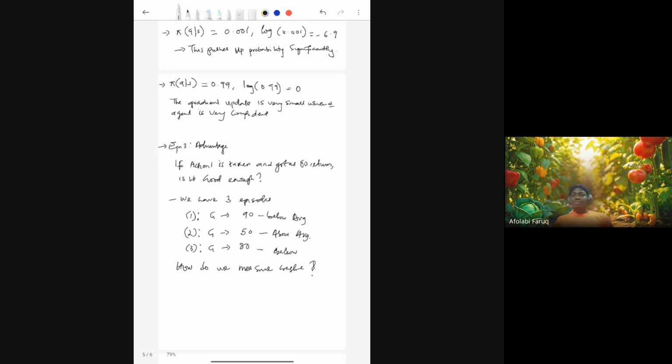Okay, now we measure baseline based on the advantage. So say the advantage of a given action, given a state, is the actual return Q of state and action minus the expected return of the state.